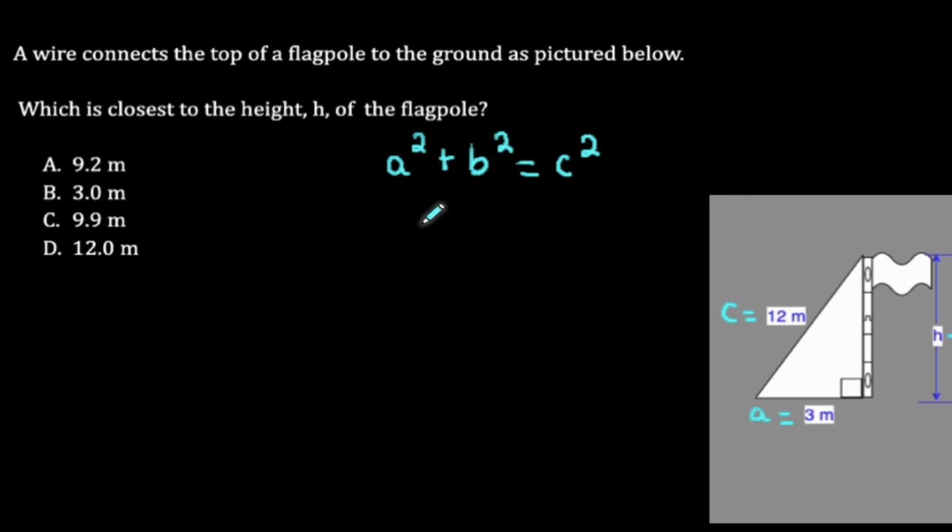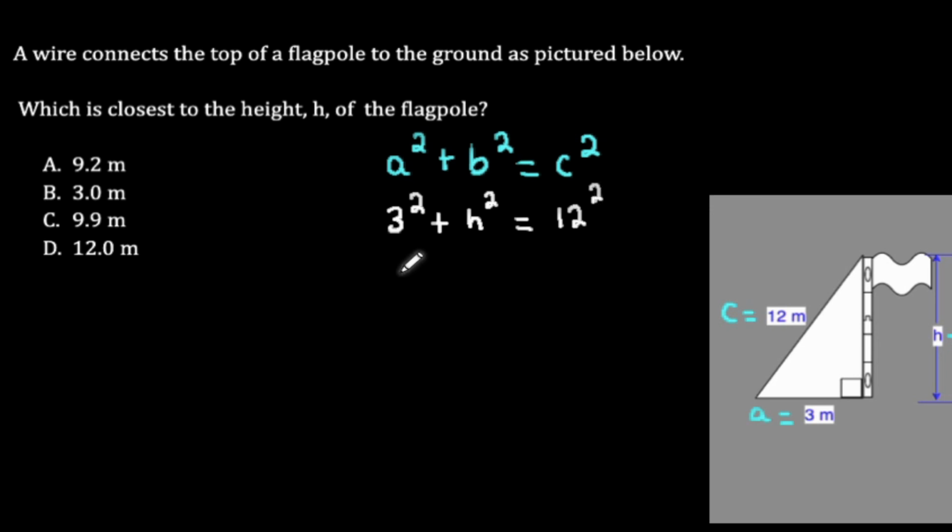Let's fill in what we do know. This is going to be an approximation simply because it's asking which is closest to the height, so it's not going to be exact. We have a squared, which is 3, so we'll place 3 squared here, plus b squared, which we do not know, so we'll place h squared since we're looking for h, and that's equal to c squared, which is 12 squared.